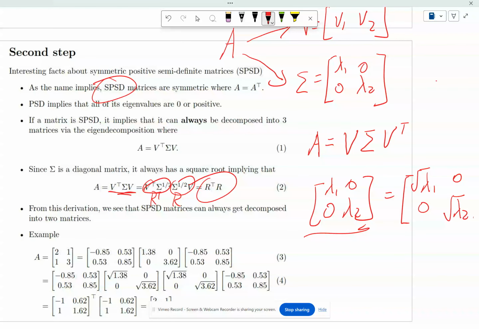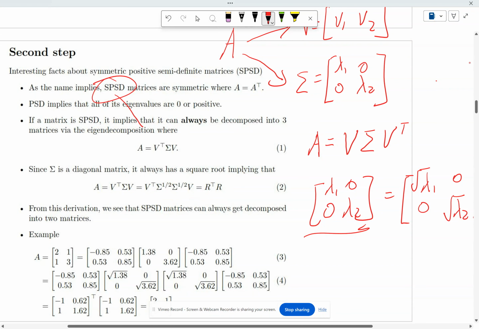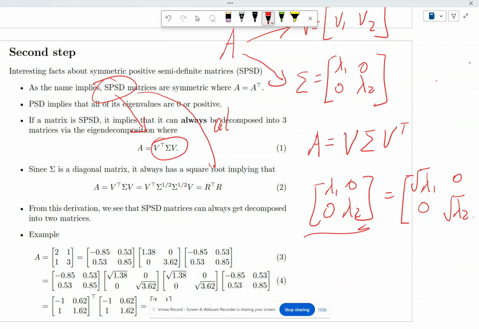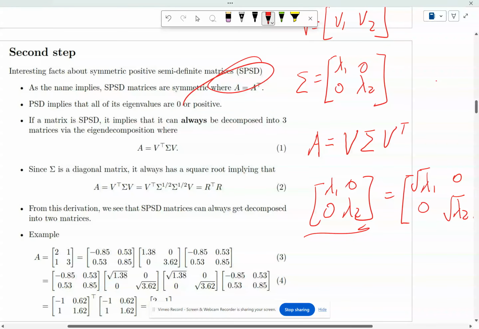So I think the key here is, if you have a symmetric positive semi-definite matrix, you can decompose it into three matrices, or you can always decompose it into two matrices, where they are multiplications of transposes of each other. So that's a very important assumption, when you have a symmetric positive semi-definite matrix.